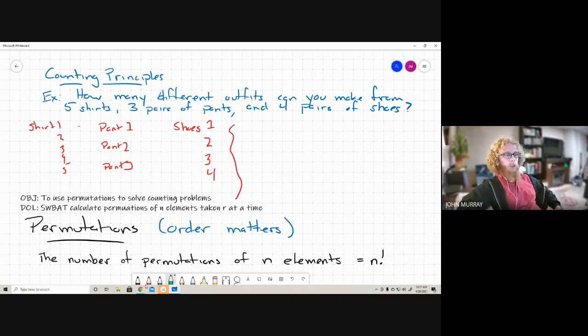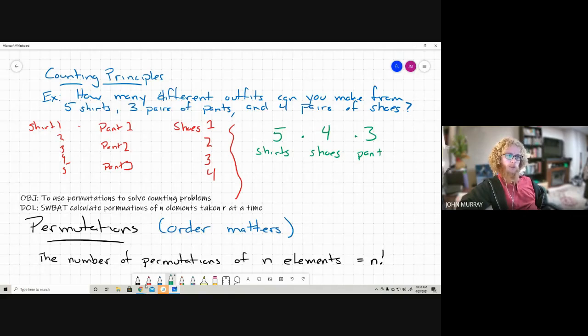But we can use our counting principle like we did on Monday, and I can just multiply the different numbers. If I have 5 different shirts and 4 different shoes and 3 different pants, it just so happens that I picked numbers that go like that, but they don't always have to be in order.